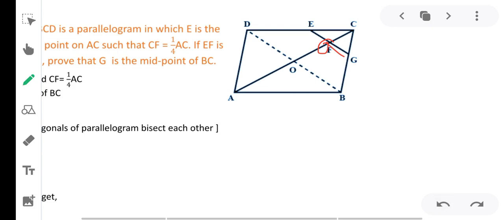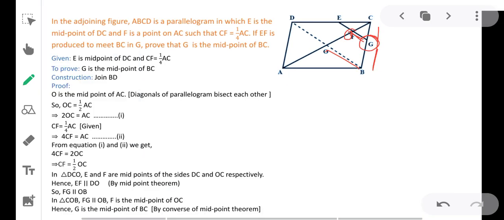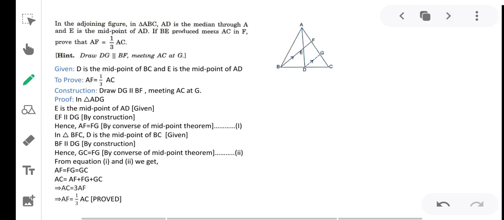Clear? That means FG, which is parallel to OB, bisects the third side, that is BC. That means G is the midpoint of BC by converse of midpoint theorem. Clear? Okay, next question.